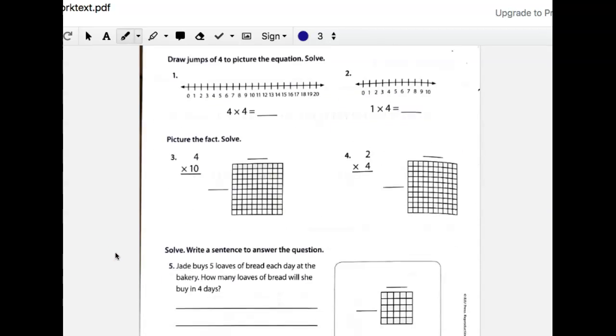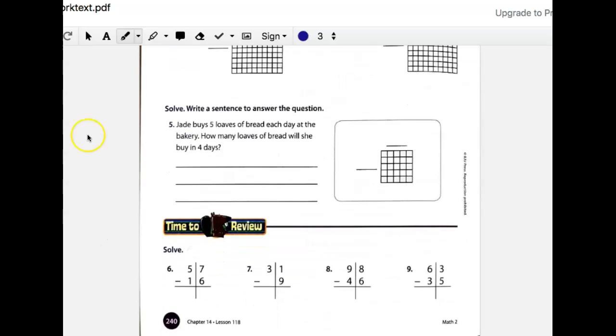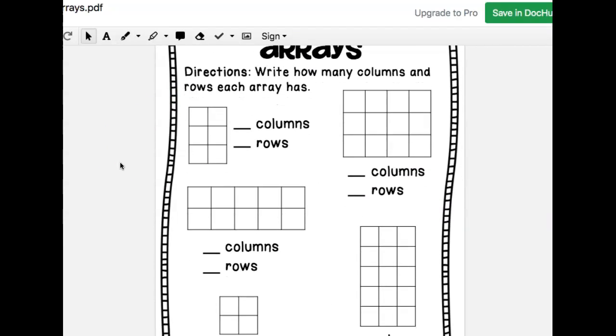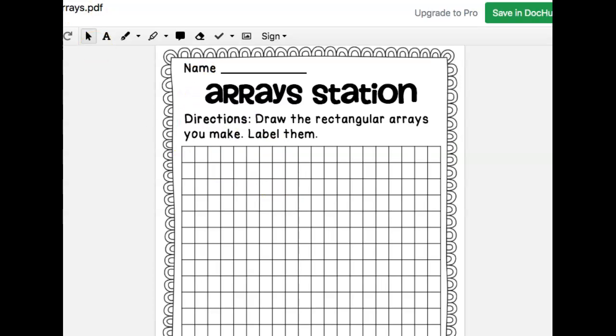The back page is very much like the front page, and you can complete this on your own. You will also have to complete the arrays worksheet. So on one page of the arrays worksheet, you're going to write how many columns and rows each array has. On the other side of the worksheet, you're going to draw the rectangular arrays that you make and label them.